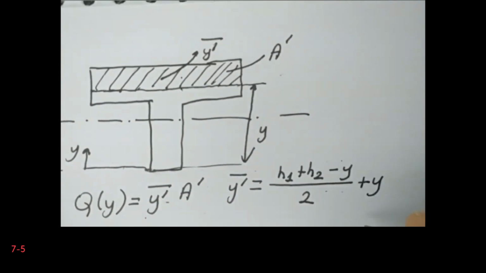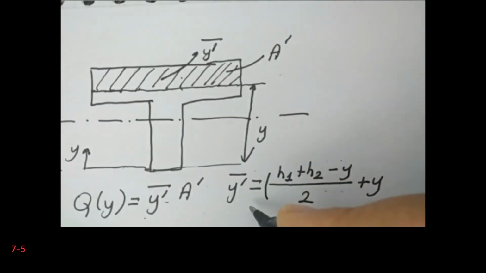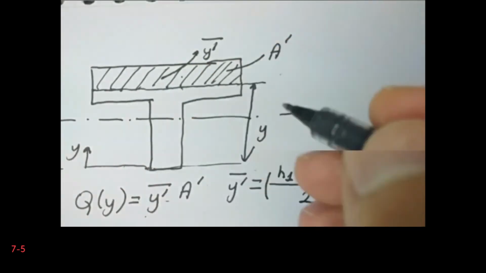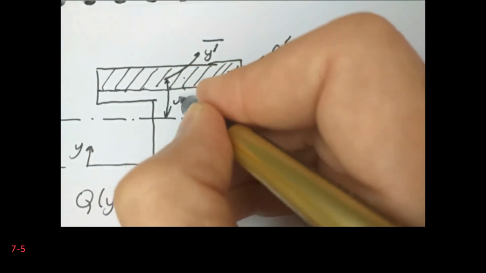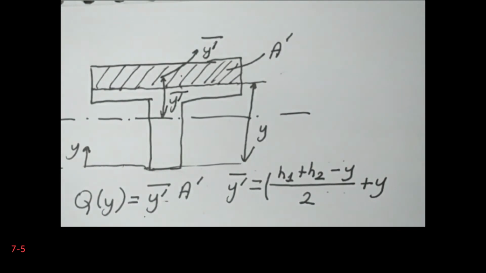And y prime bar is certainly the distance to the centroid, because we always calculate the moment of the area with respect to the centroid.